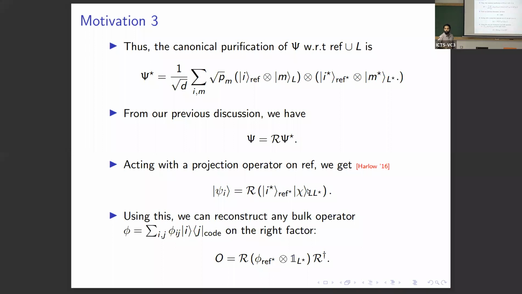Why is this L important? Why not one copy of the CFT? Well, sure, you could do it with one copy, but for my purposes, I'm emphasizing L because I want to think of this as entanglement wedge reconstruction, right? So suppose you have some bulk qubit which is in the entanglement wedge of some subregion, then I can reconstruct it only on that subregion.